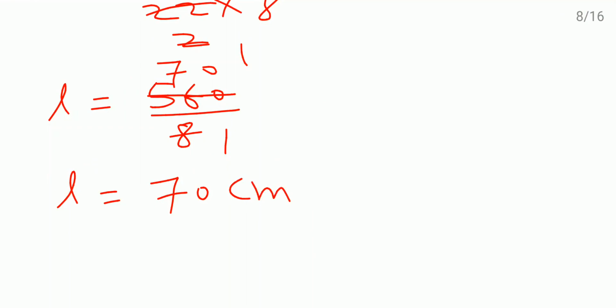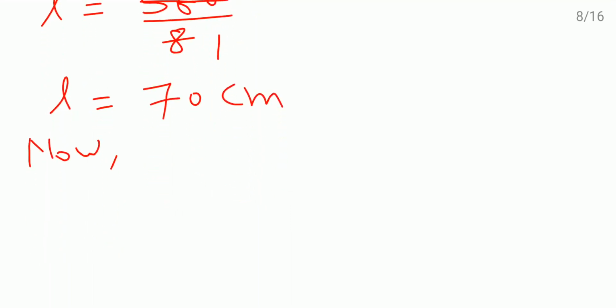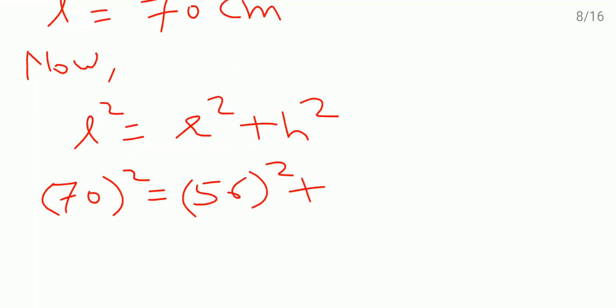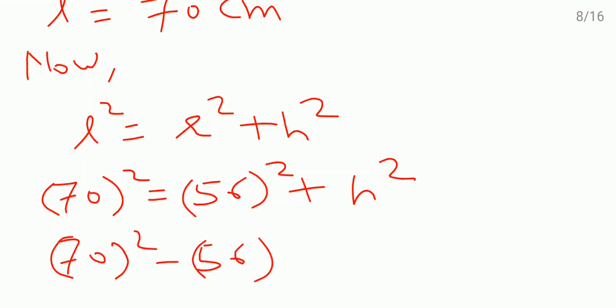Okay. Now we know the formula L square is equal to R square plus H square. So here the value of L came as 70 square. R we know, which is 56, in bracket square, plus H square. So 70 square minus 56 square is equal to H square.